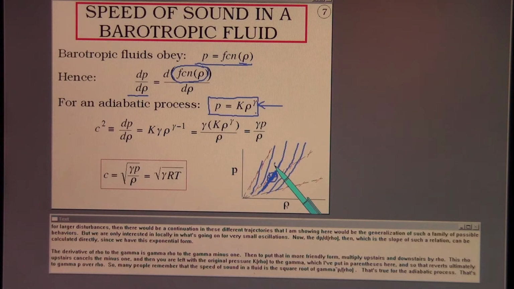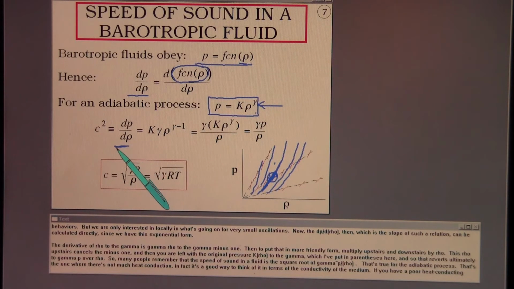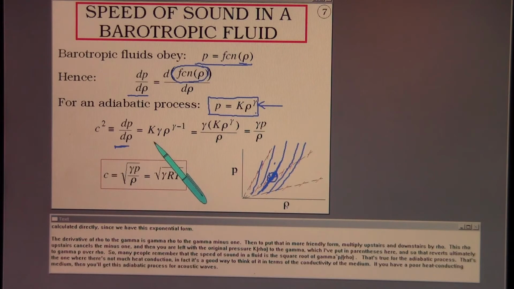Now, the dp d rho then, which is the slope of such a relation, can be calculated directly. Since we have this exponential form, the derivative of rho to the gamma is gamma rho to the gamma minus 1. Then, to put that in more friendly form, multiply upstairs and downstairs by rho.